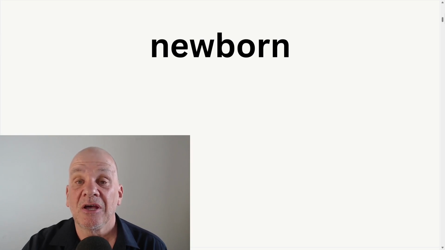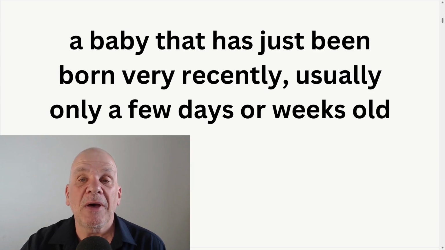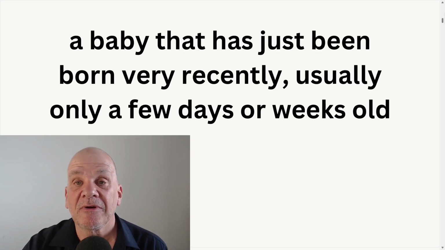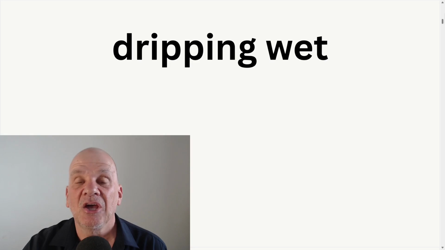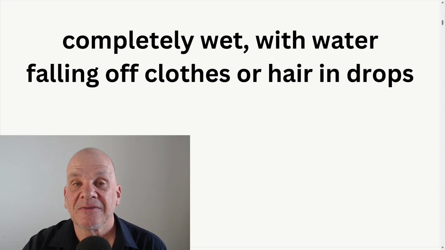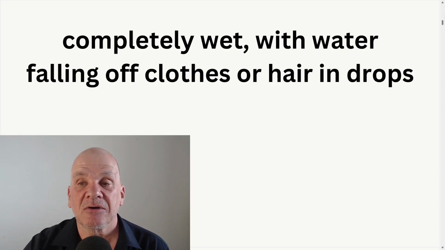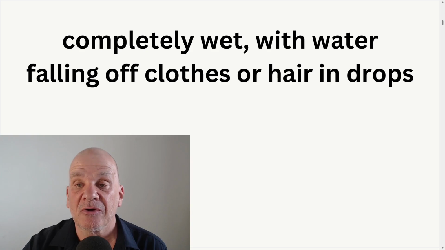Newborn: a baby that has just been born very recently, usually only a few days or weeks old. Dripping wet: completely wet, with water falling off clothes or hair in drops.